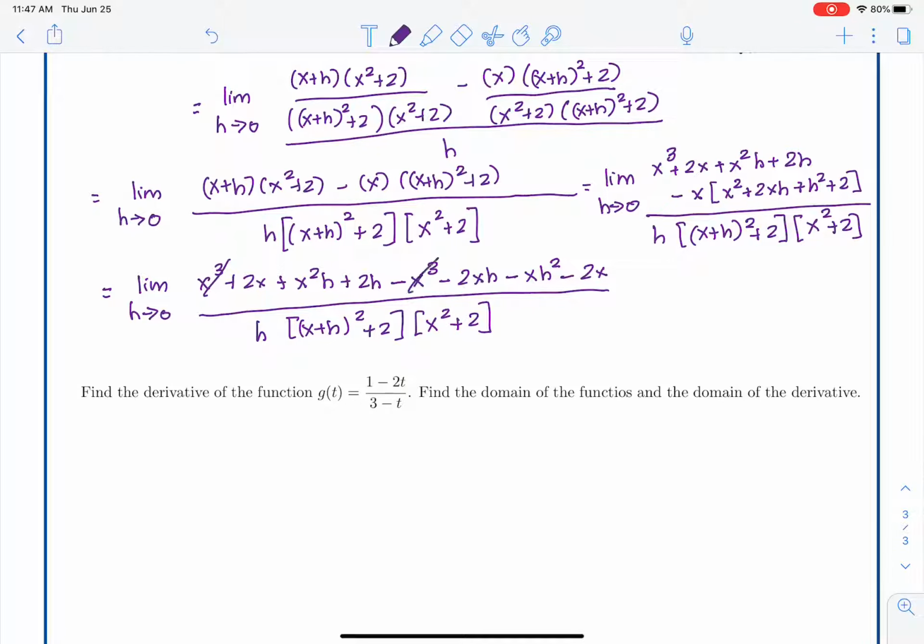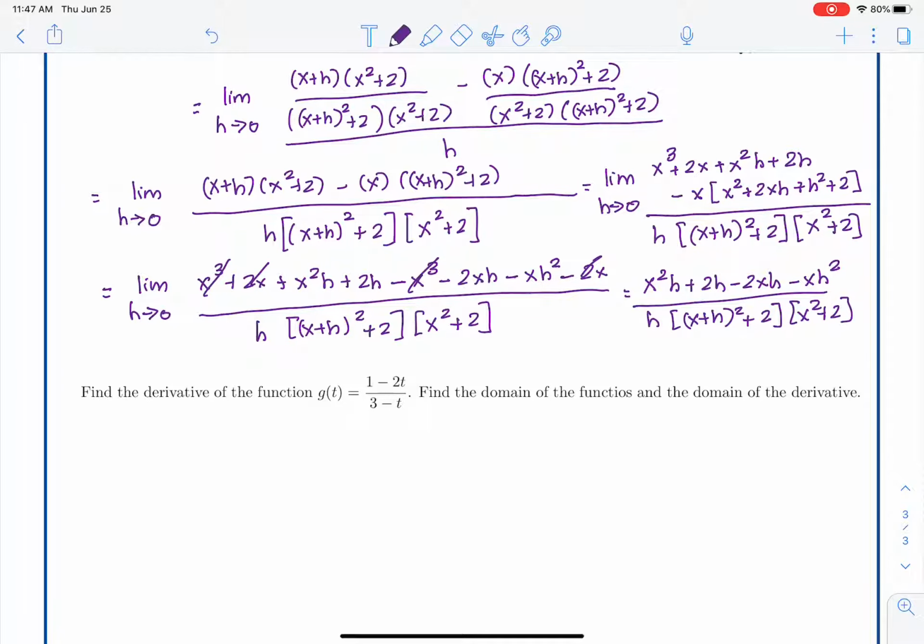The x cubes will go away, the 2x will go away, and I simply have x squared h plus 2h minus 2xh minus xh squared divided by h times x plus h squared plus 2 times x squared plus 2.